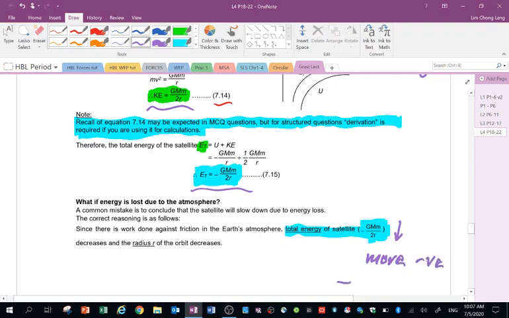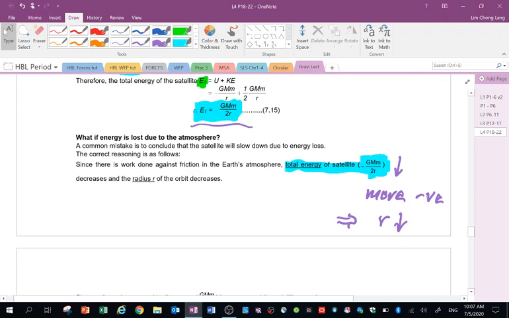It means that R must be getting smaller, because when the denominator becomes smaller, the magnitude becomes bigger. When the magnitude becomes bigger, the total energy becomes more negative. So actually the satellite gets closer to Earth. When R decreases, it means that the satellite is closer to Earth.